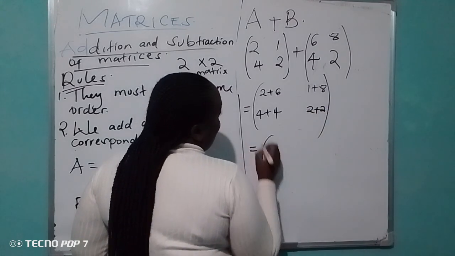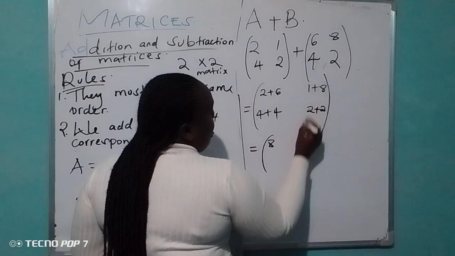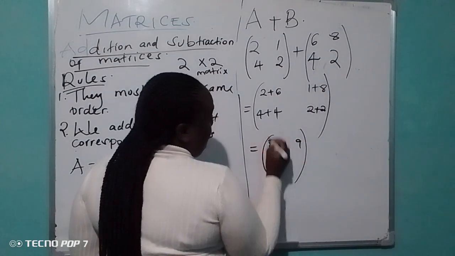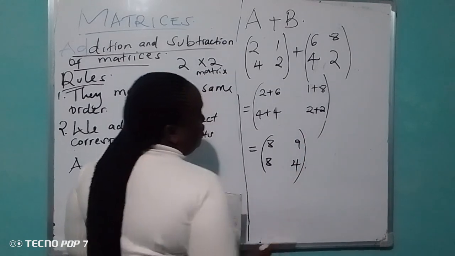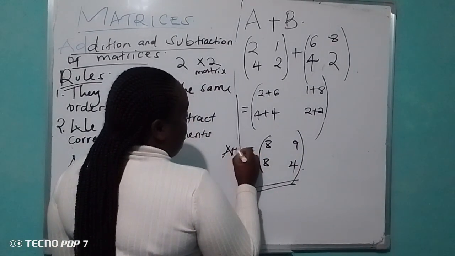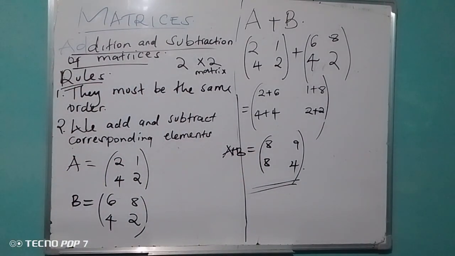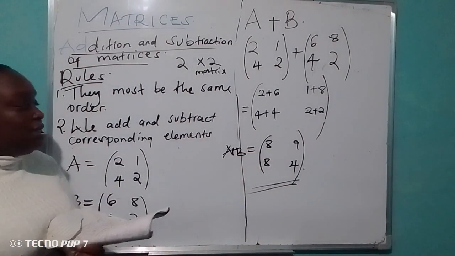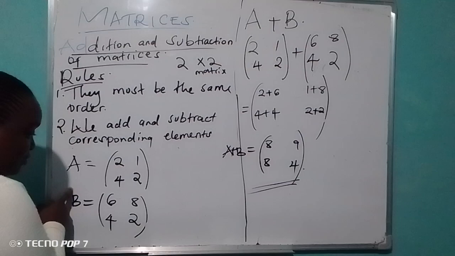So our answer will be 2 plus 6 is 8, 1 plus 8 is 9, 4 plus 4 is 8, 2 plus 2 is 4. So your answer will be that. So A plus B is equal to that. Very, very simple.